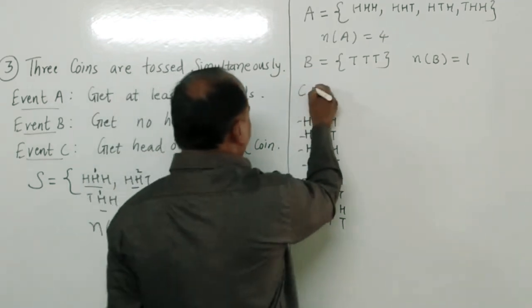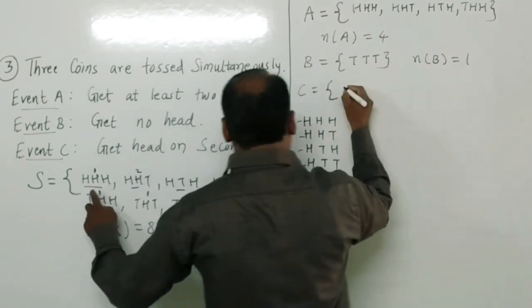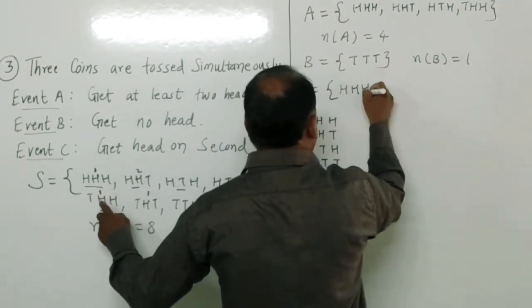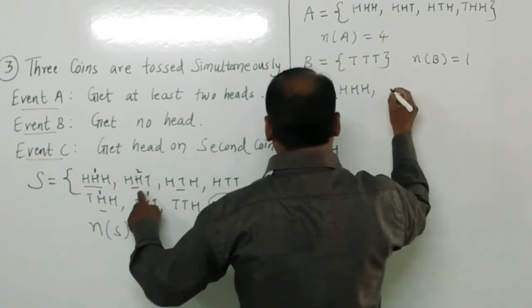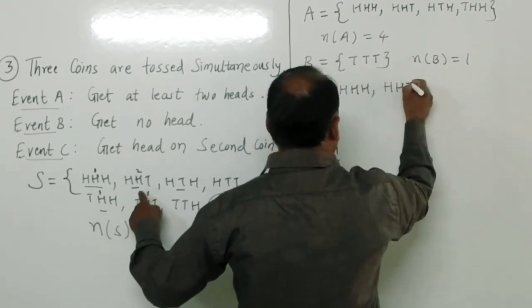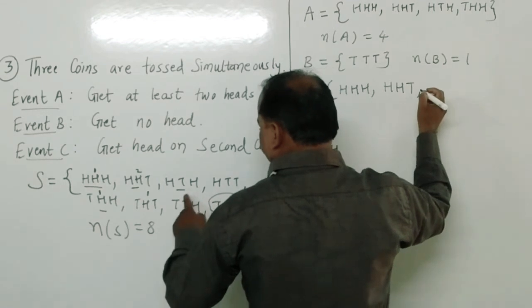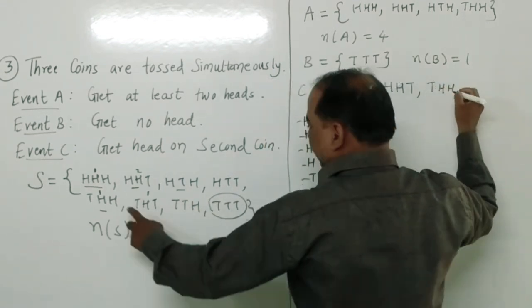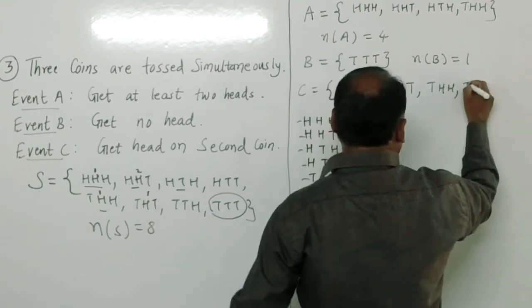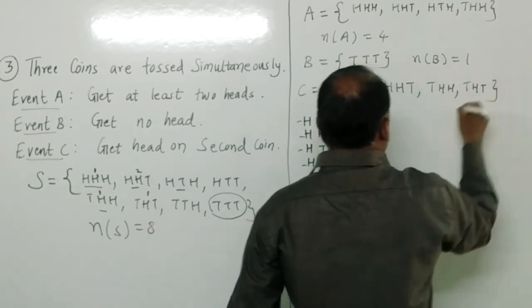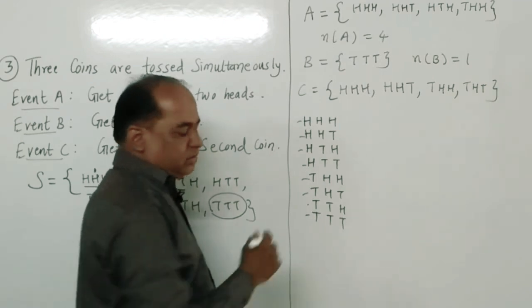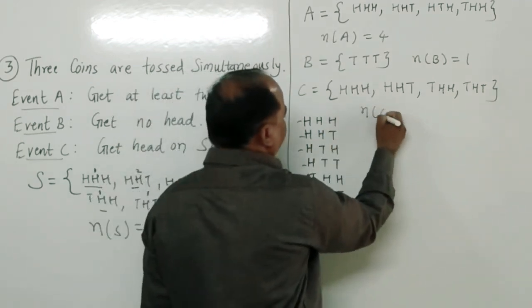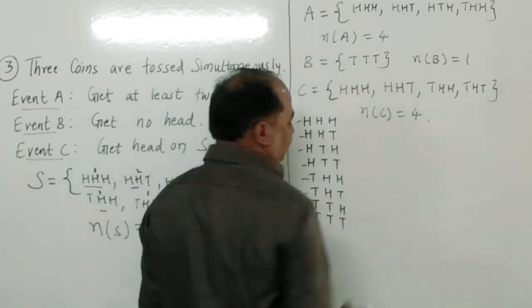So C is equal to HHH, on second coin there is head, then HHT, then THH, and last is THT. So here also in all there are 4 sample points in event C.